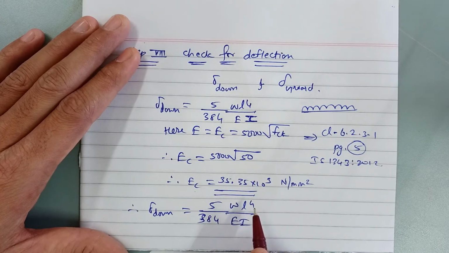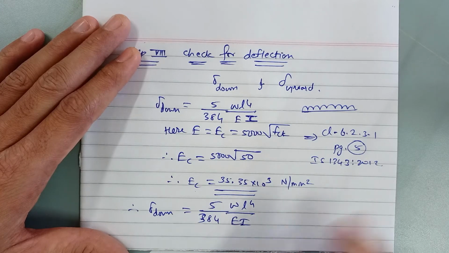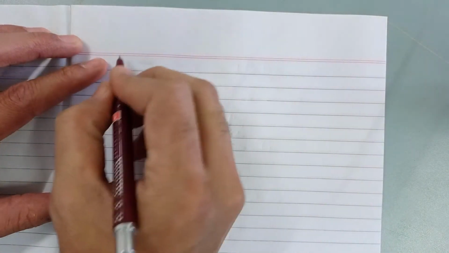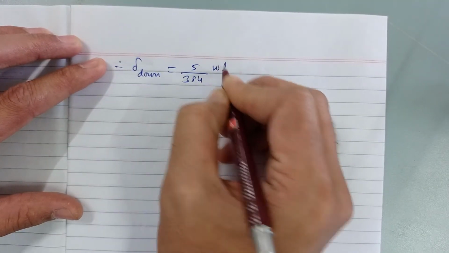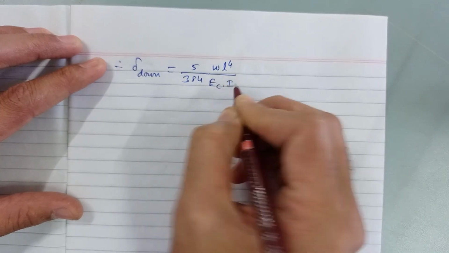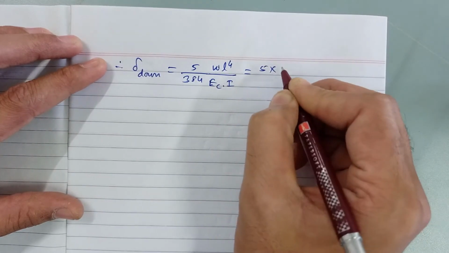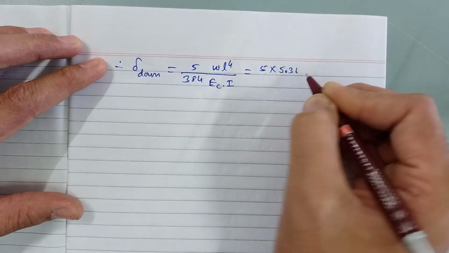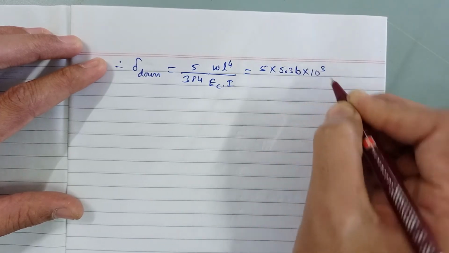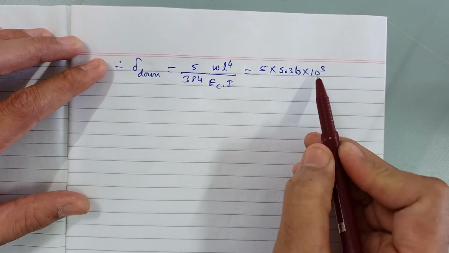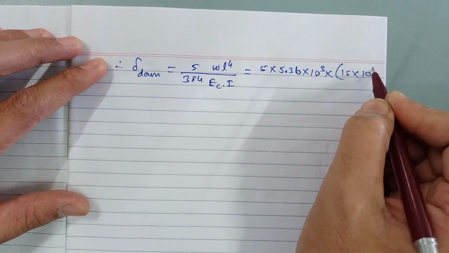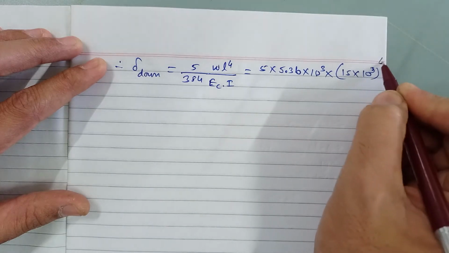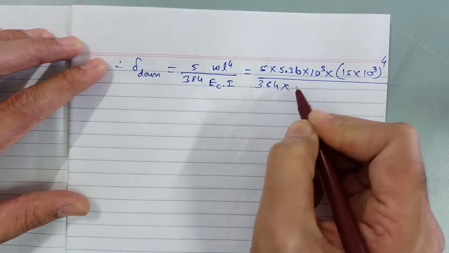Hence, substitute all the values in this downward deflection formula due to UDL. That is, delta downward is 5 by 384 WL raised to 4 divided by EC into I. Substituting all the values, W is nothing but the dead load intensity, 5.36 kilonewton per meter, converting it into Newton per mm, that is into 10 raised to 3, into the length of the member, which is given as 15 meter, 15 into 10 raised to 3, converting it into mm raised to 4, divided by 384.